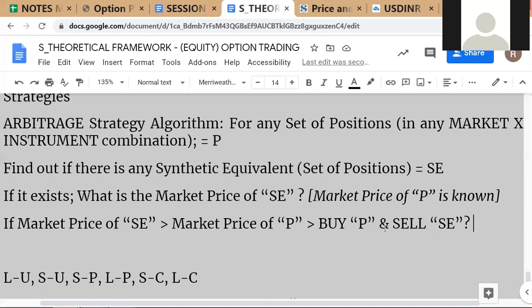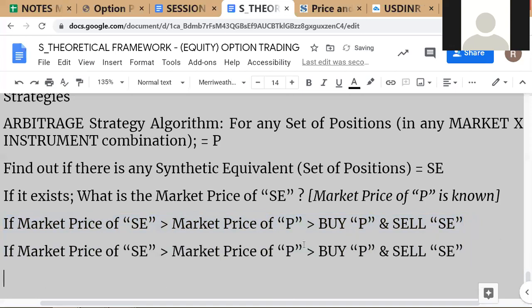If you repeat this, in this case, if the price of SE is less, you buy SE and sell P.